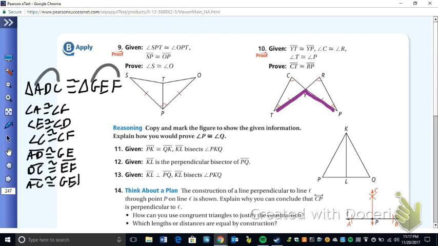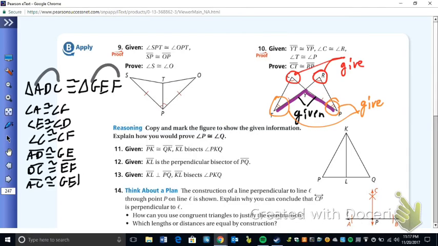First we have that YT is congruent to YP. That is given. Next, we have that R and C are also congruent. That's given. And finally, we have angle T and angle P congruent.